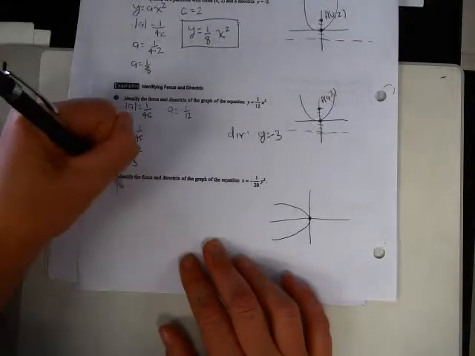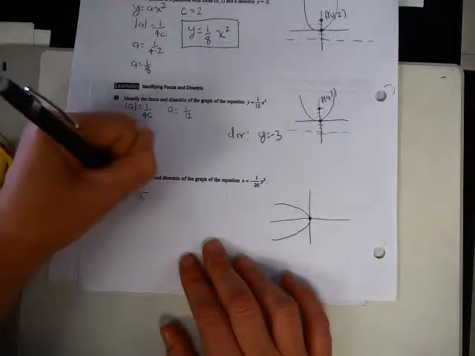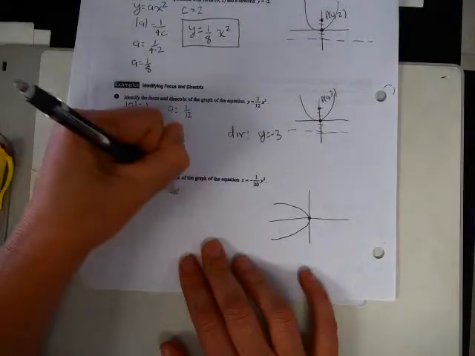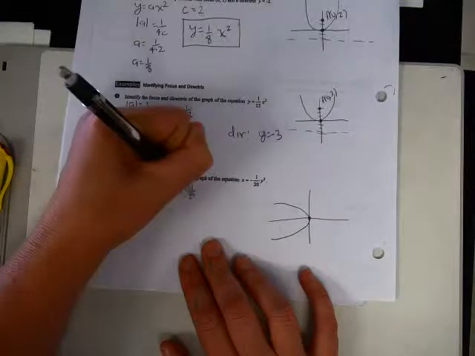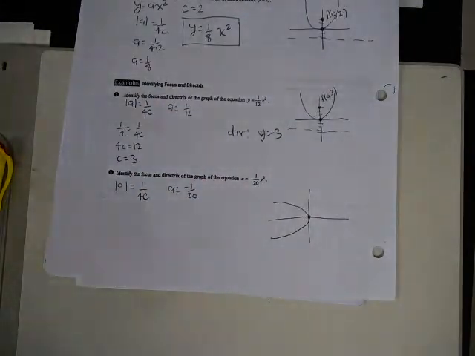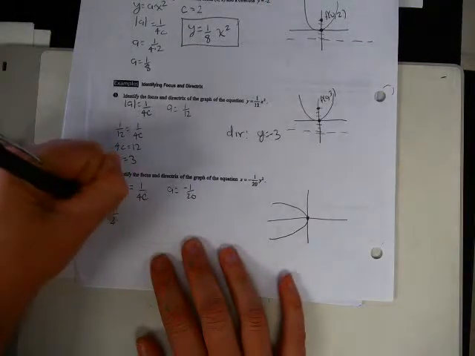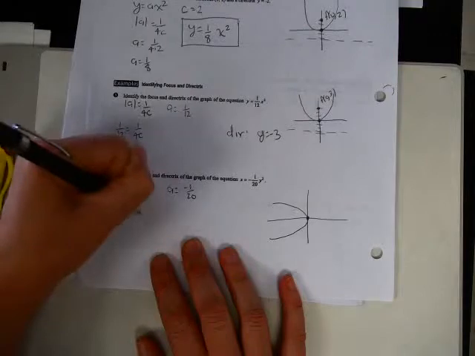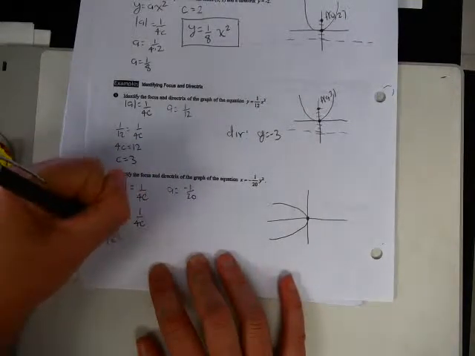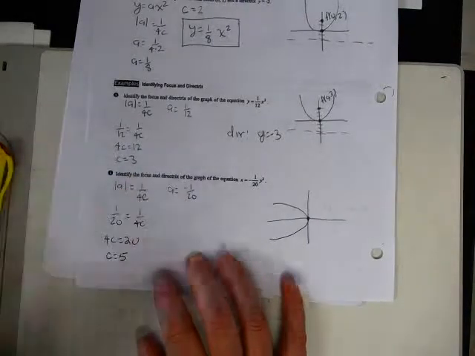So why don't I start by using my formula, a equals 1 over 4c. In this case, a equals -1 over 20. I'm going to be using the absolute value of a, so I will write 1 over 20 equals 1 over 4c. 4c equals 20, and c equals 5.